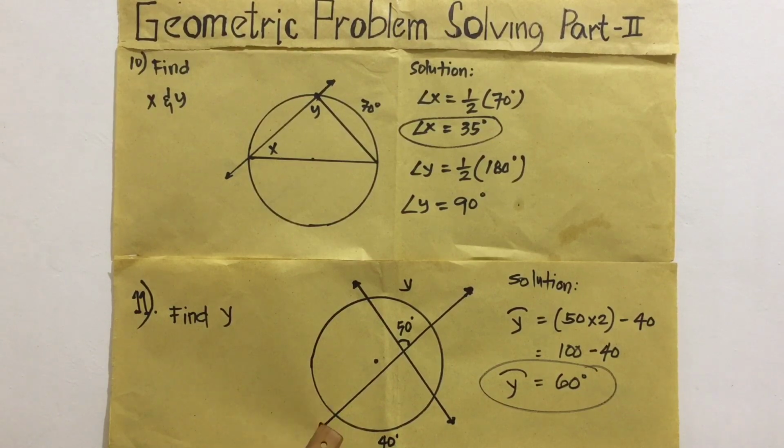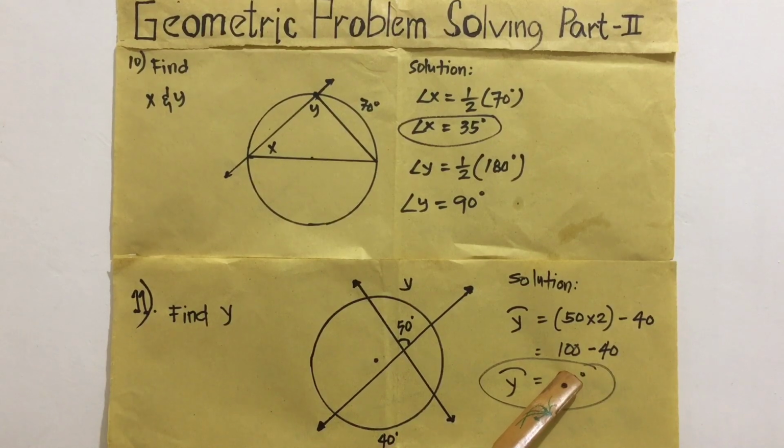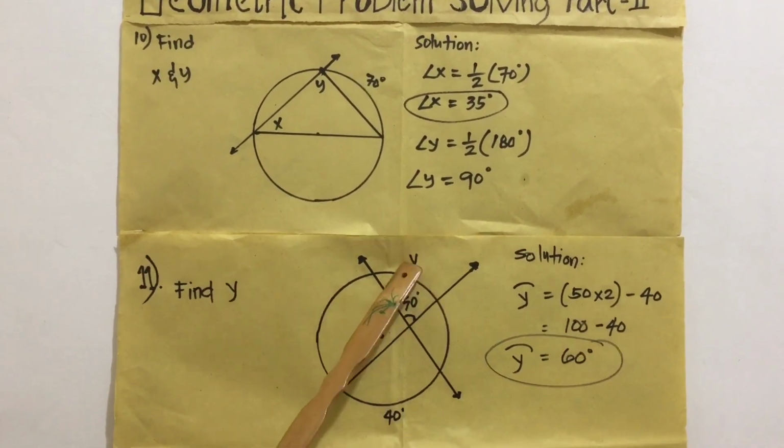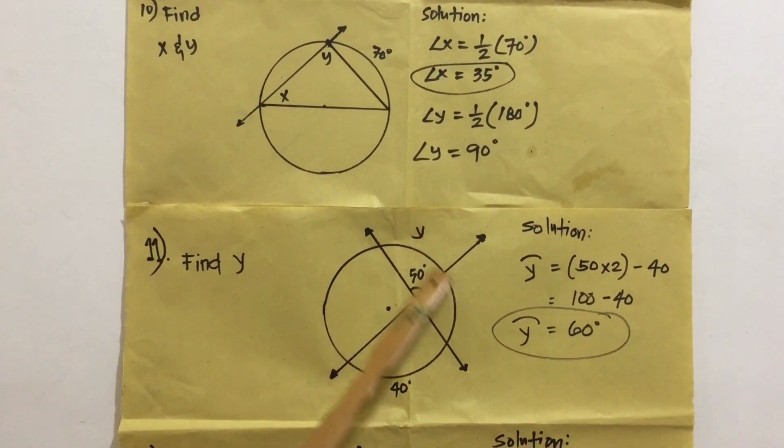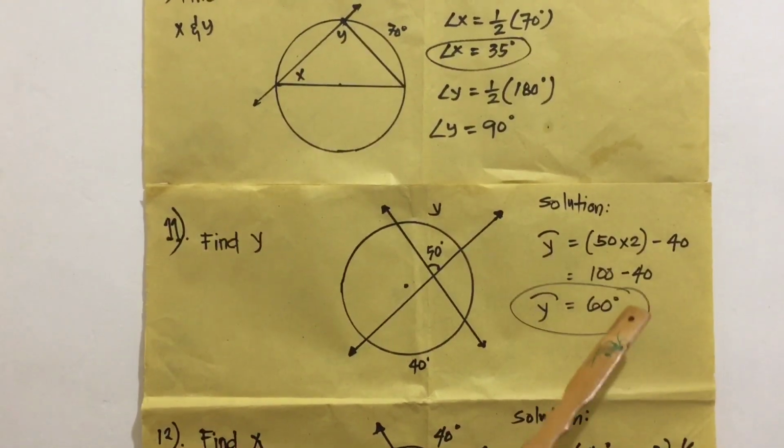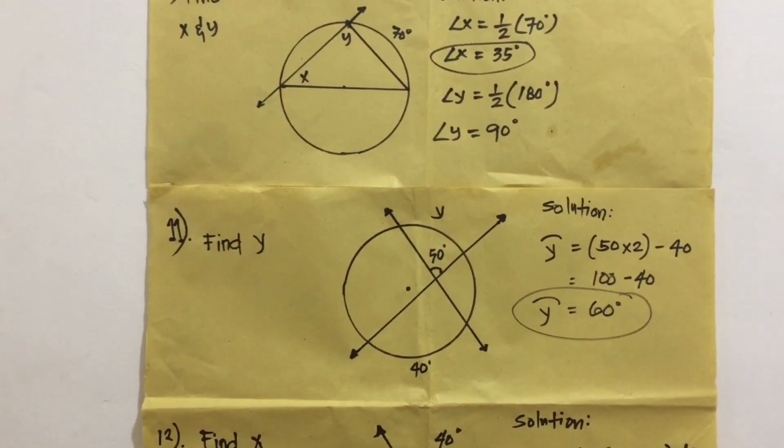Our computation is intercepted arc y equals, we multiply 50 times 2, then minus the other arc, 40. So 50 times 2 equals 100, minus 40. The measurement of arc y is 60 degrees.